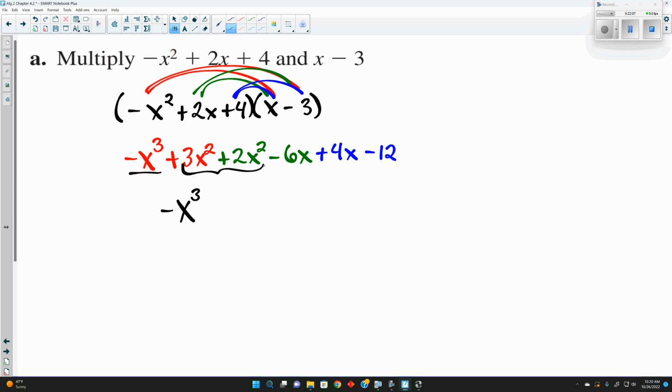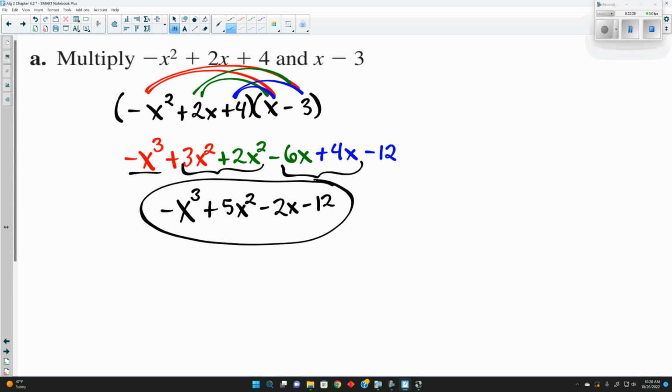That's kind of nice. The x squareds are already next to each other. 3x squared plus 2x squared is plus 5x squared. Negative 6x plus 4x is negative 2x, and then we have the minus 12. That's it.